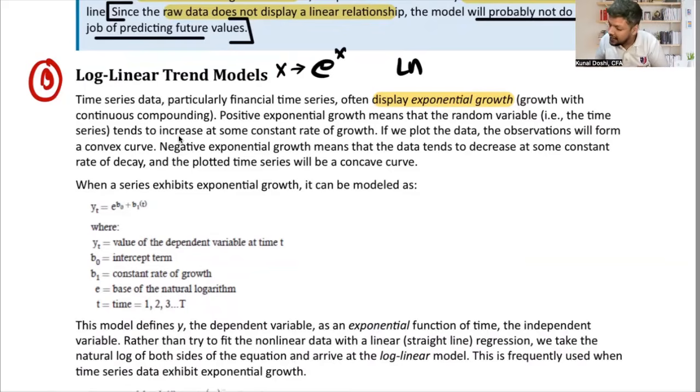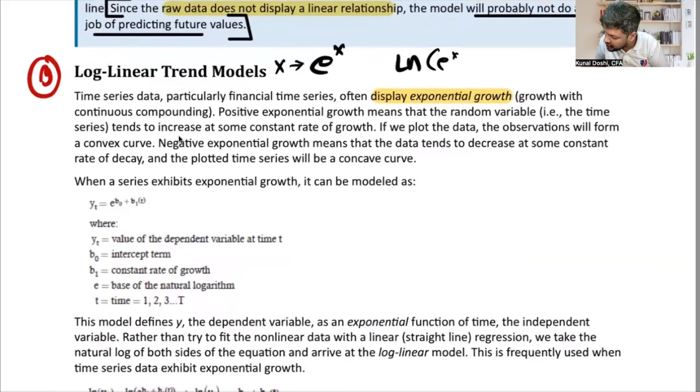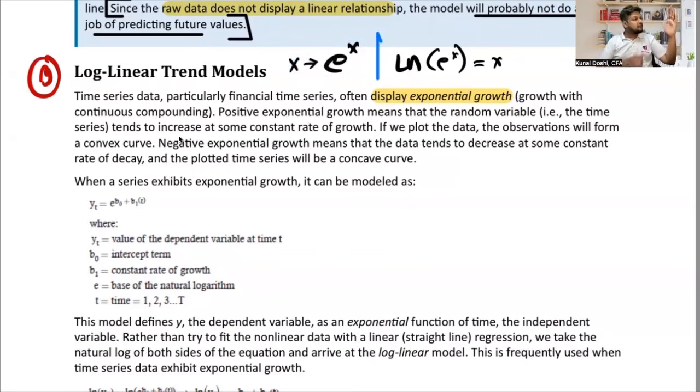But when I do the natural log of e to the x, I will get the value of x. This is the mathematical property. So when you do continuous compounding of x, you get the exponential value, but from exponential, if you want to bring it back to normal, you take the natural log of it.